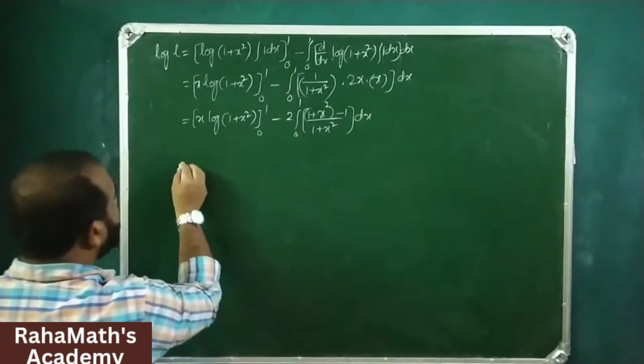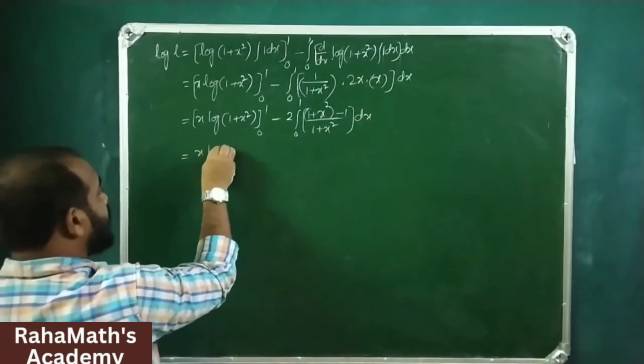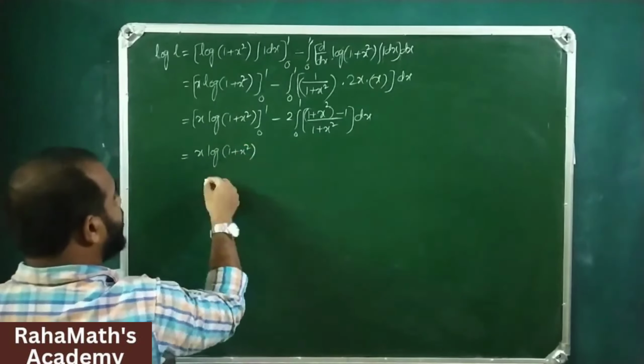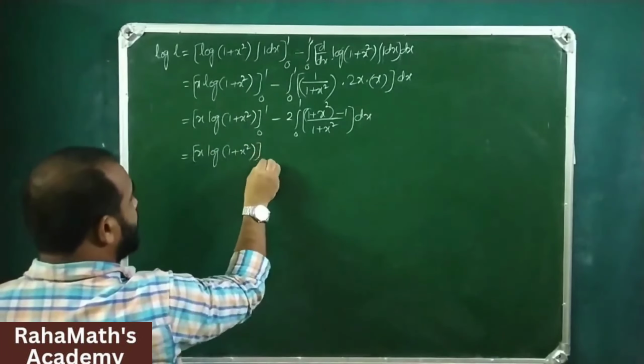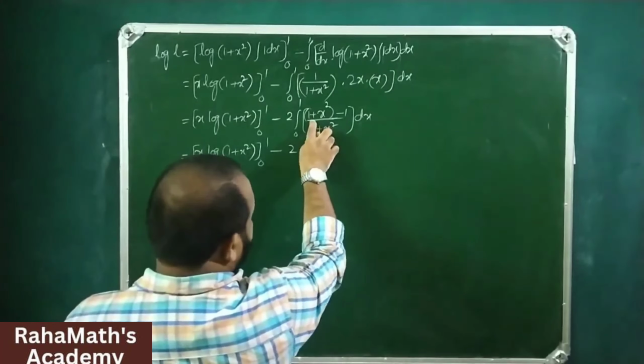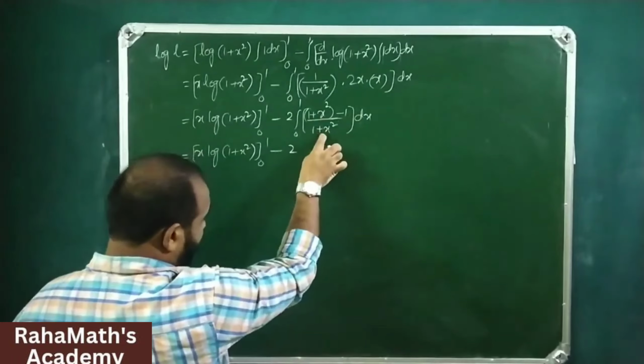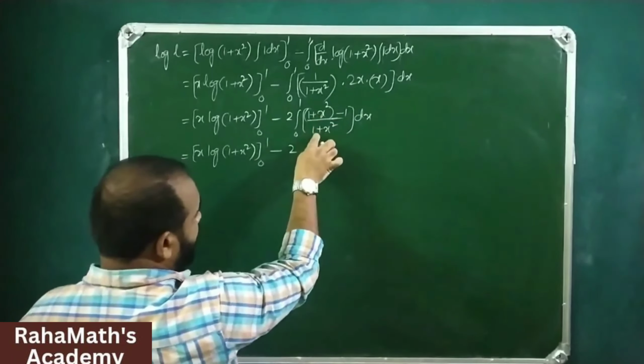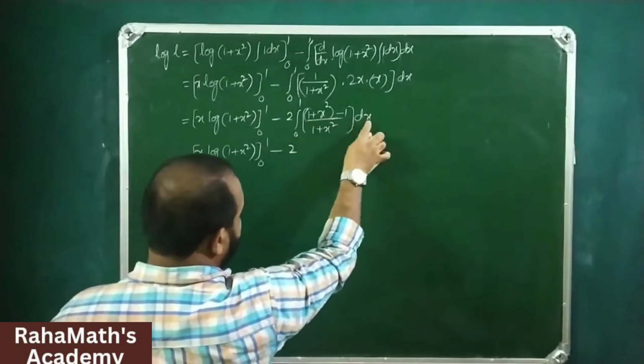So now x log(1 + x²) from 0 to 1 minus 2 times (a − b)/c, which is a/c minus b/c. So 1 + x² gets cancelled, and integral 1 dx is x.